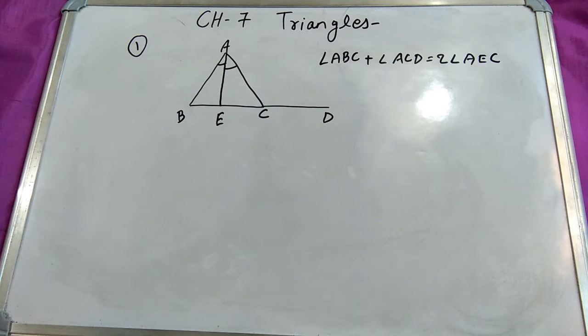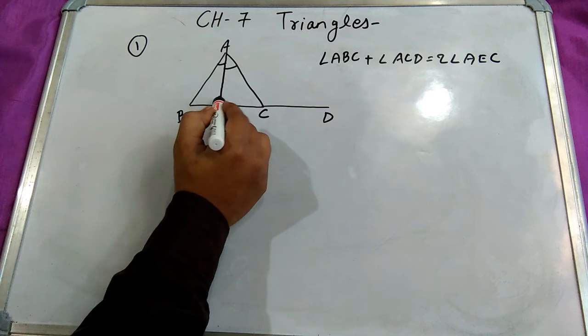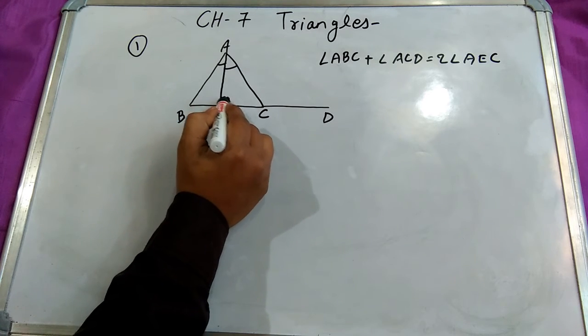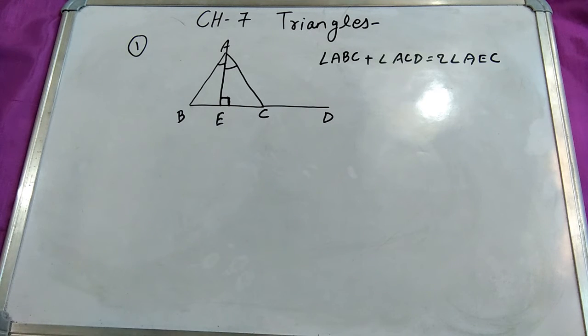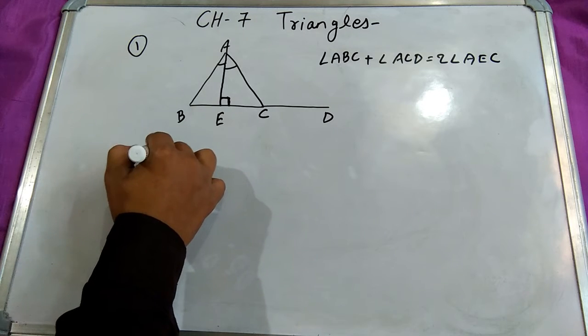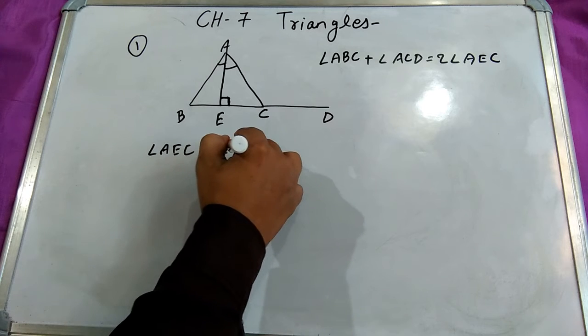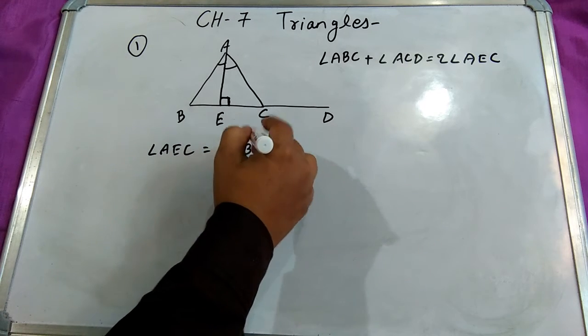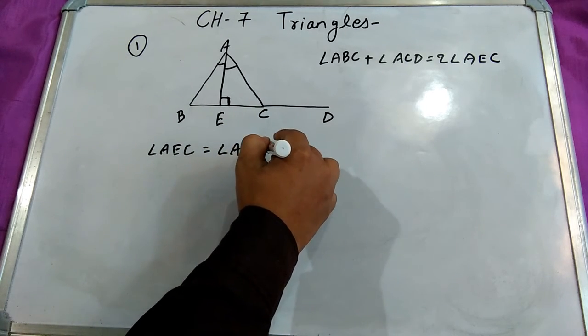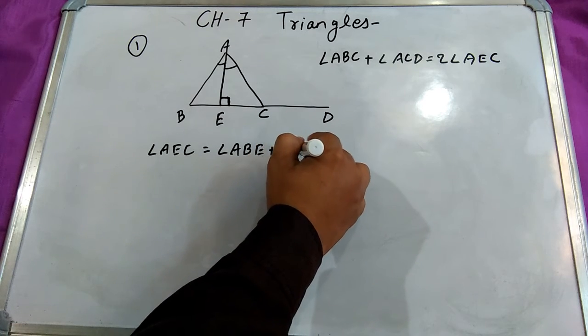So to prove this we take side BE of triangle ABE, which is produced to the point C. According to the exterior angle theorem, this exterior angle is equal to the sum of the two opposite interior angles. So angle AEC is equal to angle ABE plus angle BAE.